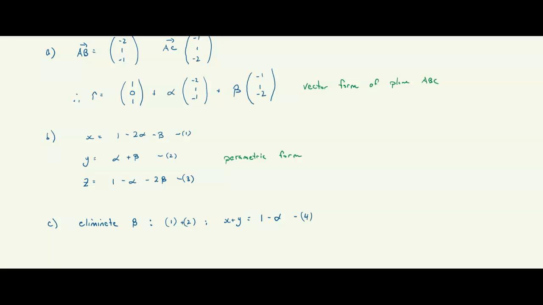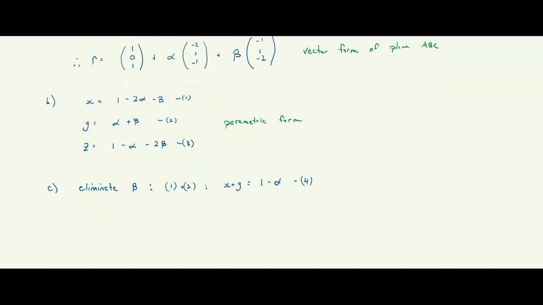Now, how do I get rid of beta from equation 3? I could multiply equation 2 by 2. So I'm going to say 2 times equation 2 plus equation 3, and we'll get rid of beta from the third equation.